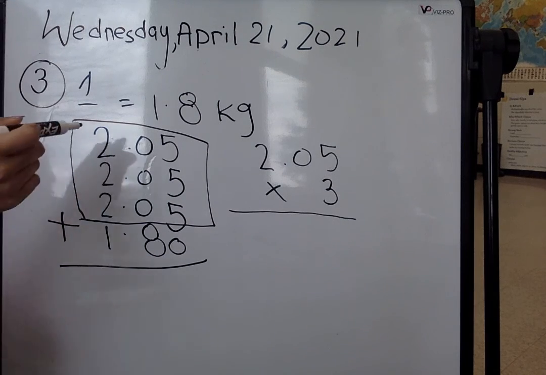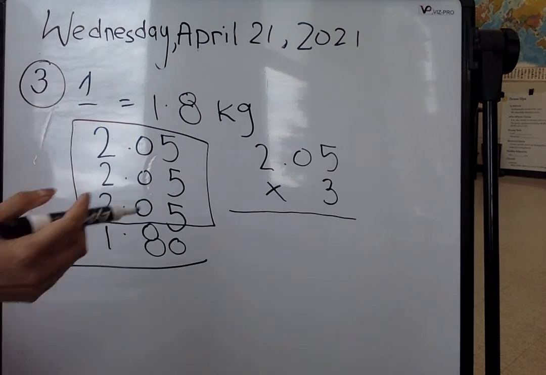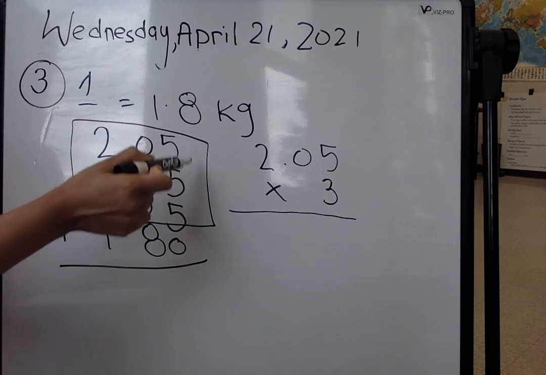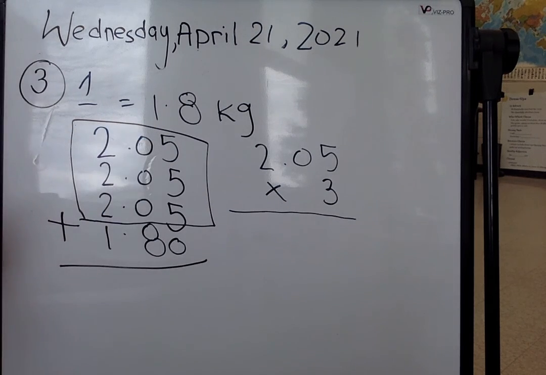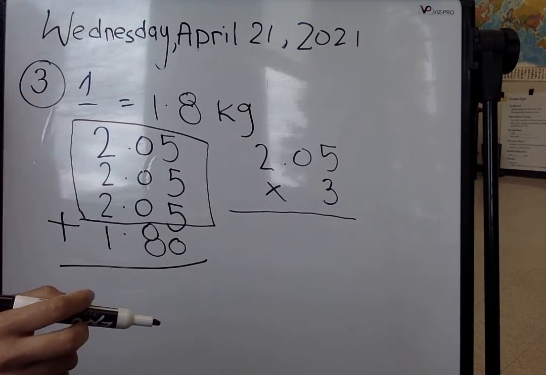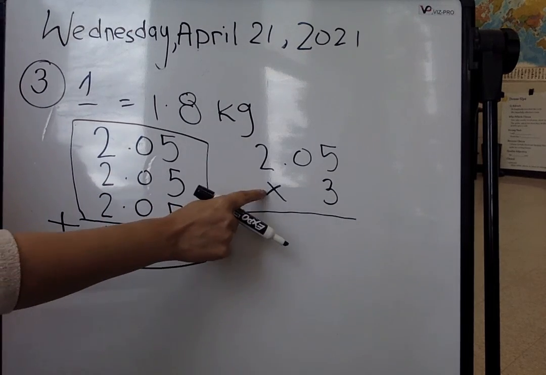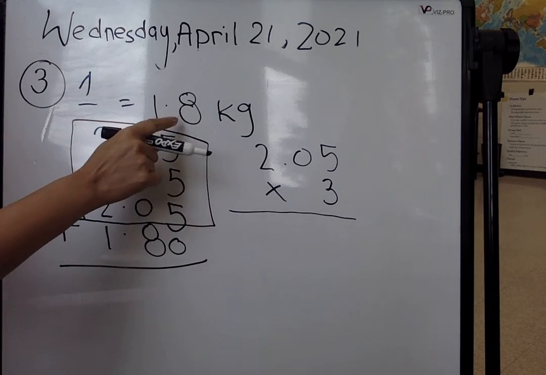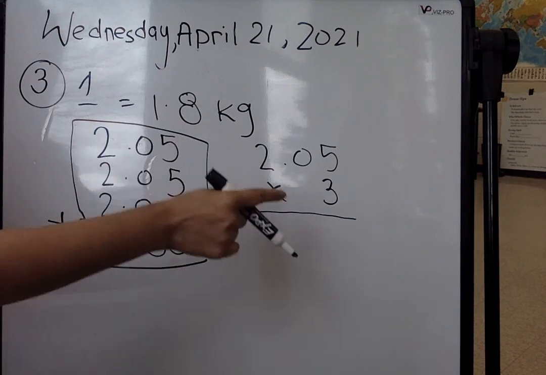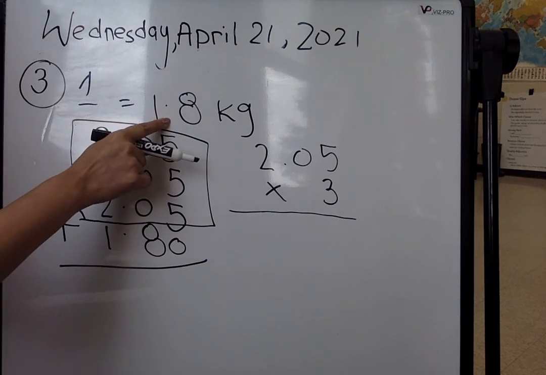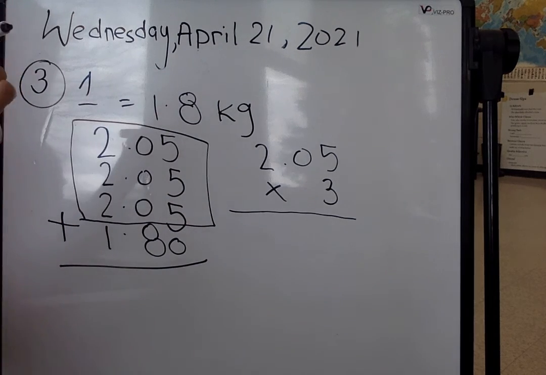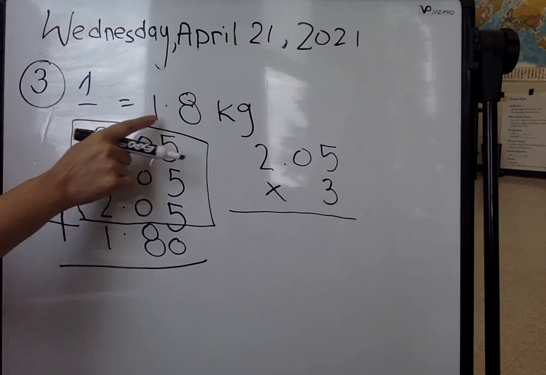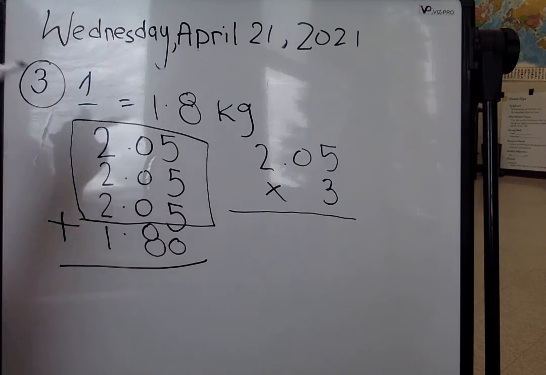Or this is how you would do it the other way, where we can skip multiplication and we can add all the packages together. So go ahead and you can choose whichever method. If you choose multiplication, then at the end you would have to add this number to your answer, because one of the packages is 1.8. If you choose to do adding, then you have to add all four numbers.